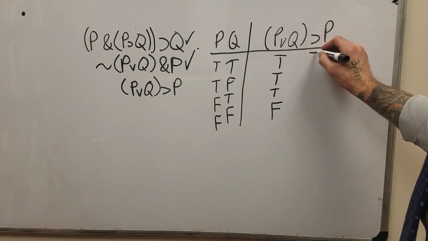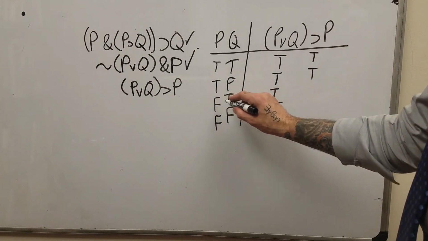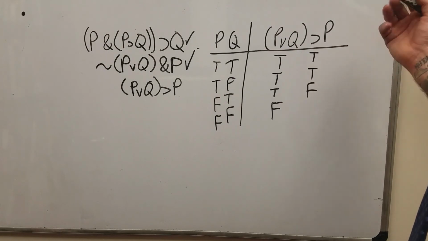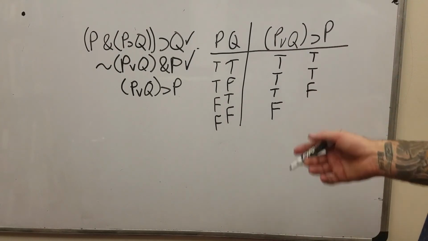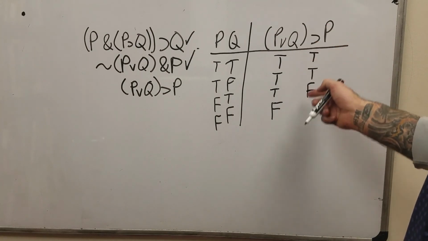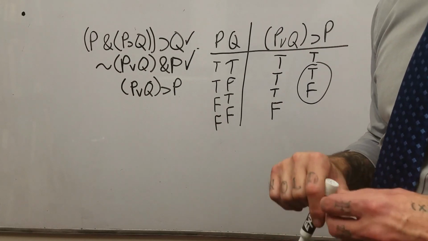So it's true here, it's true here, it's false here because the antecedent's true, and P, the consequent, is false. So we can go ahead and stop. We know that it's truth functionally indeterminate. It's true sometimes and it's false sometimes, like most sentences are.